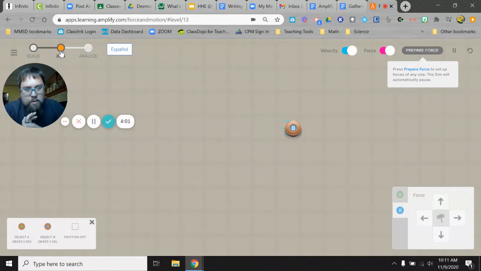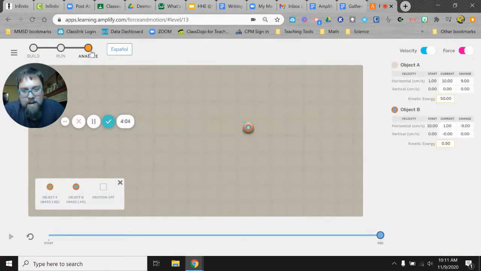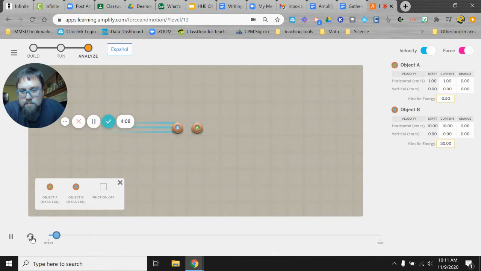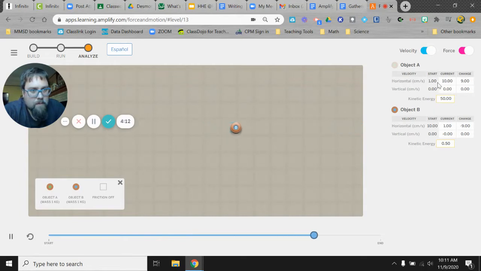Okay, so it's pretty quick to see, but we can click on the analyze. All right, so you can see that object A began with a horizontal velocity of 1 centimeter per second.